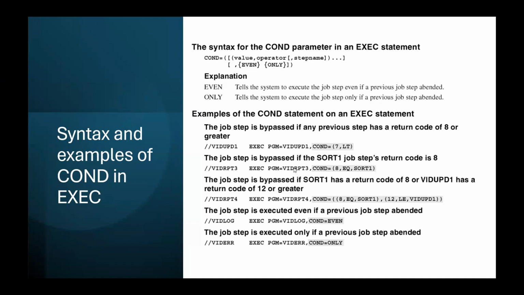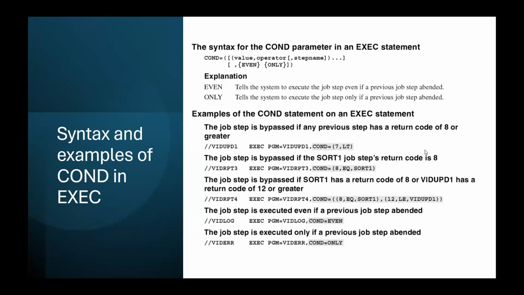The next example is a very good example. Here you are executing or bypassing the job step based on a particular step name. So you are writing to execute this program, and you are providing the condition 8 equals SORT1. SORT1 is a previous step available in the job, and if that step, SORT1, has status code 8, then this condition is satisfied.